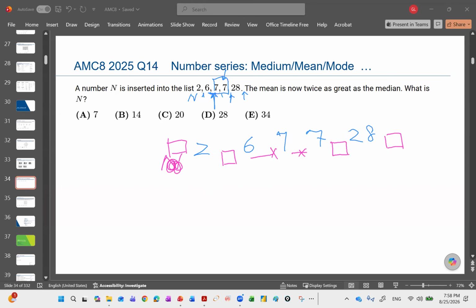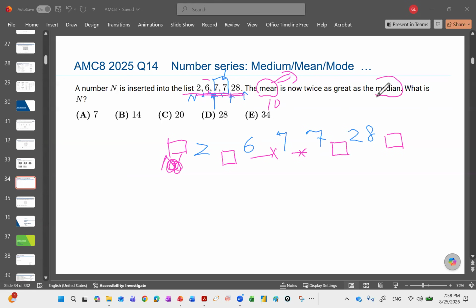If I insert a number here, the mean is the average, so it is the sum of them divided by 5, right? So 8 plus 14 is 22. 22 plus 28 is 50. So 50 divided by 5 is 10. So for the current list, the mean is 10.